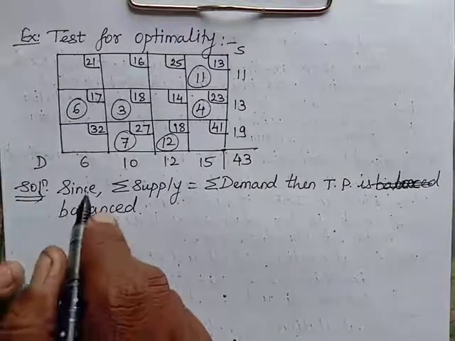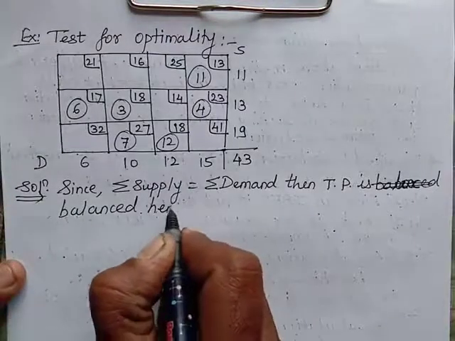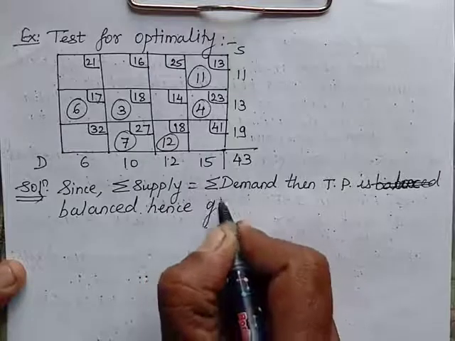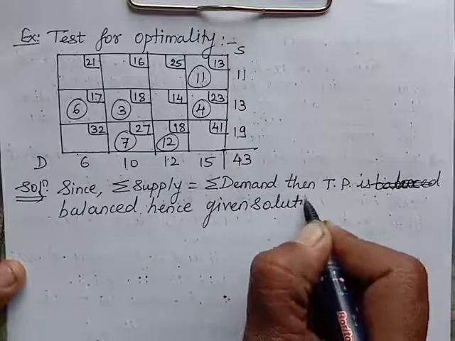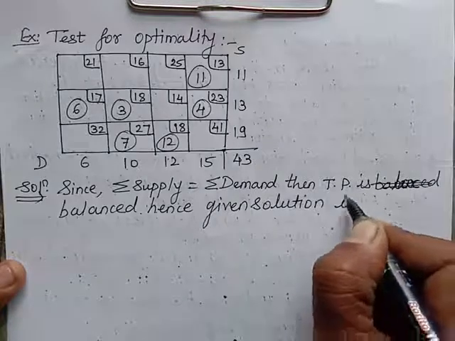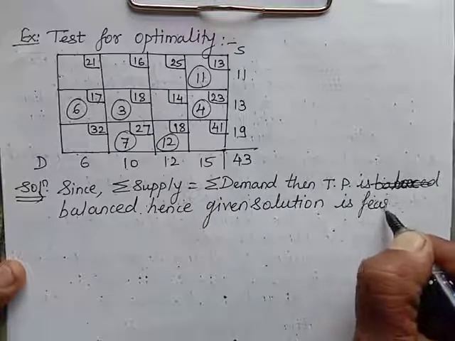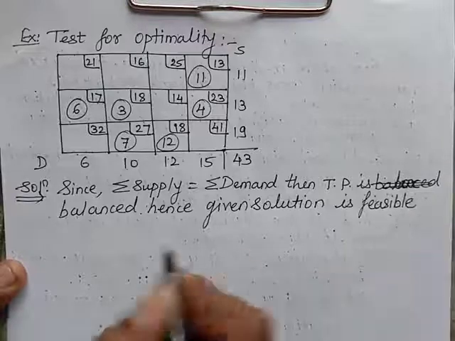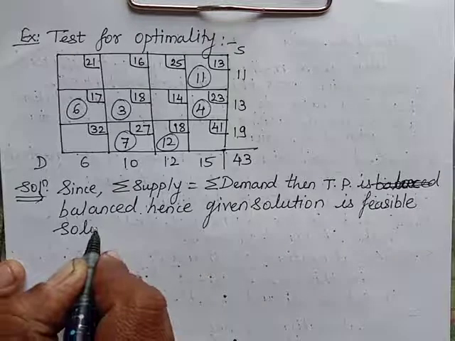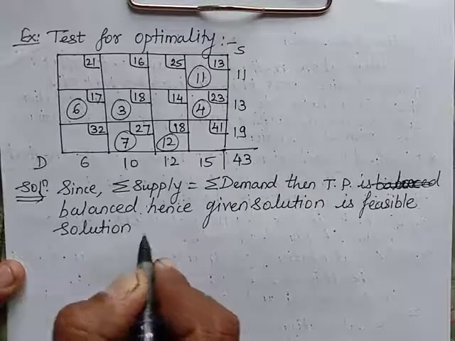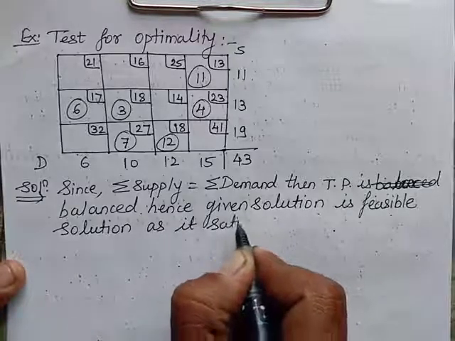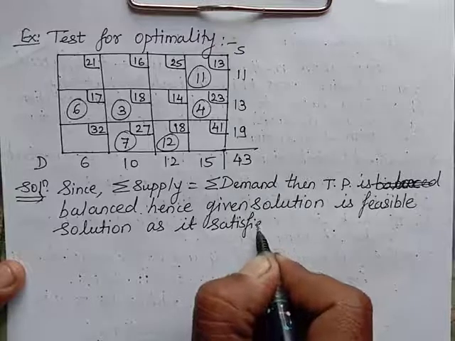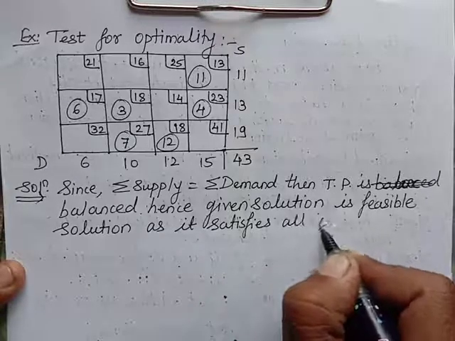Now it is balanced, hence the given solution is a feasible solution, as it satisfies all constraints.